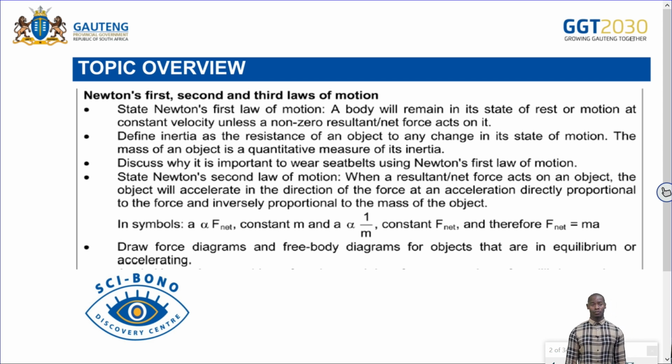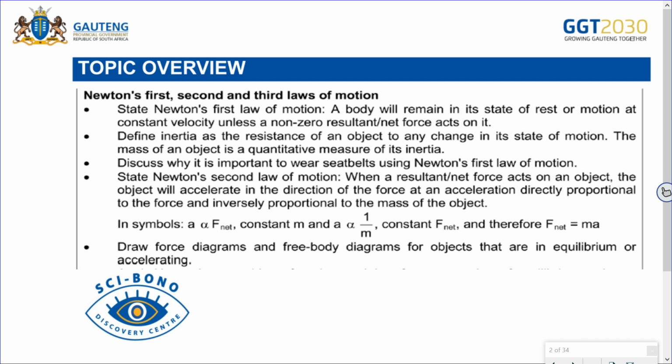When it comes to your Newton's laws, one, you must be able to state Newton's first law of motion in words, which is defined as: a body will remain in its state of rest or motion at a constant velocity unless a non-zero resultant force or net force acts on it. And then also define inertia as the resistance of an object to any change in its state of motion.